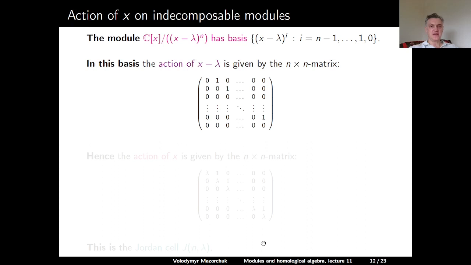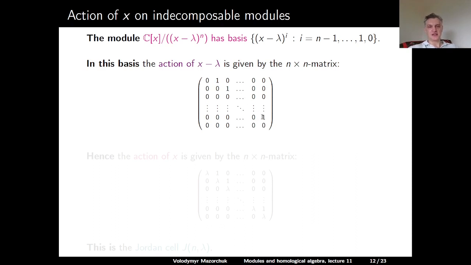In this basis, the action of x minus lambda is given by the following matrix. Multiplying the second basis element by x minus lambda, we get the first basis element. So the third basis element goes to the second basis element, and so on. So here we have a matrix where almost everything is 0, apart from the diagonal next to the main diagonal, and there we have numbers 1.